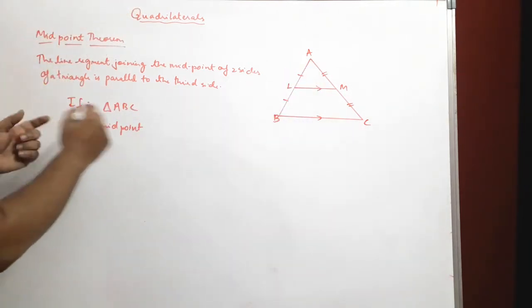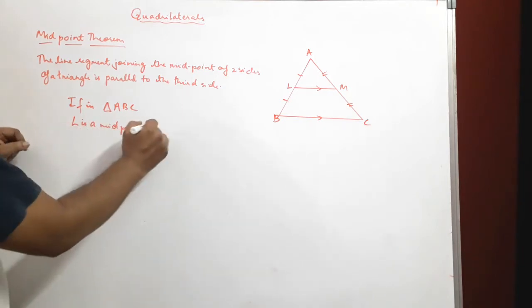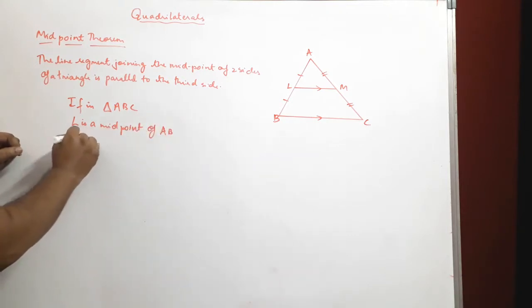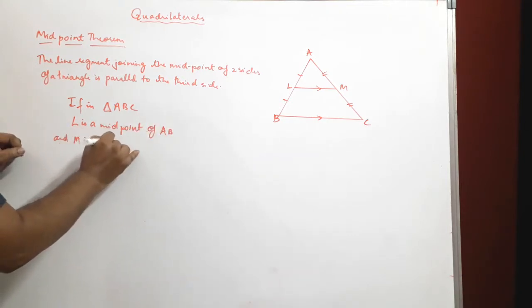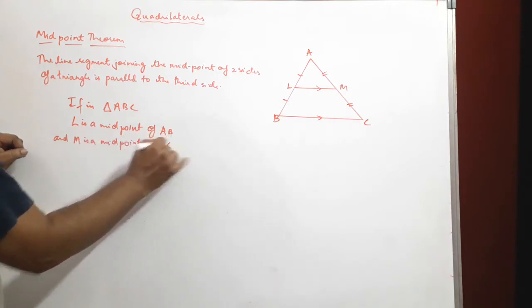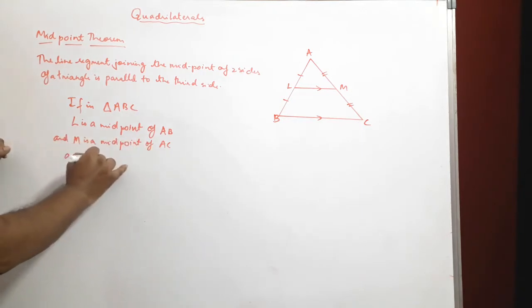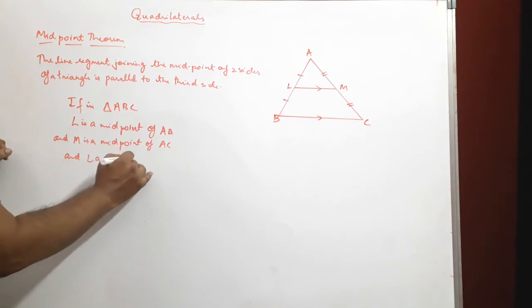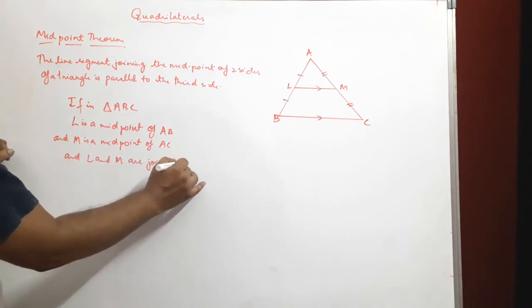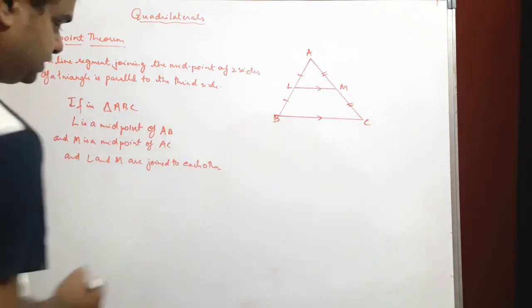So let's say L is a midpoint of AB and M is a midpoint of AC, and L and M are joined to each other as we see in the figure.